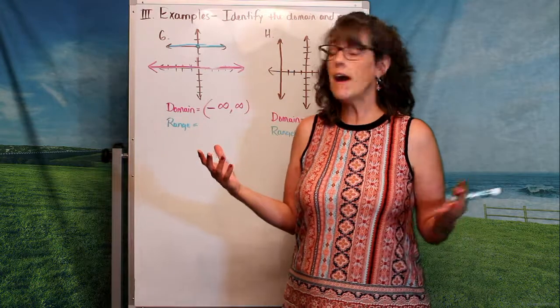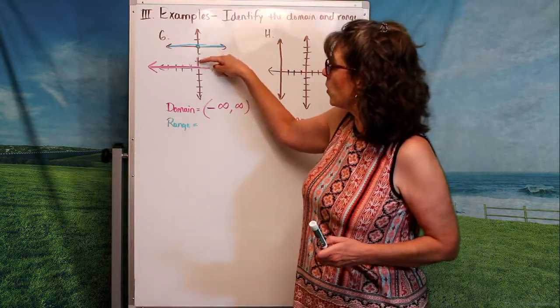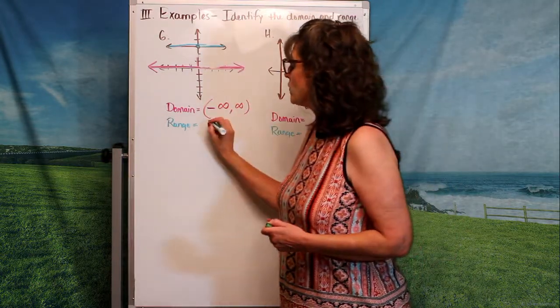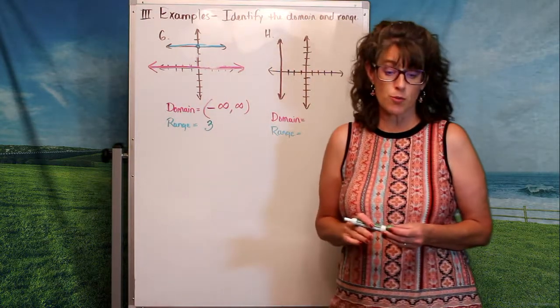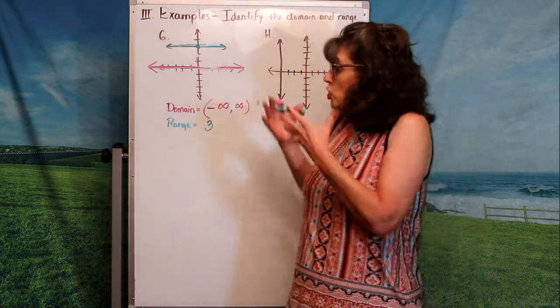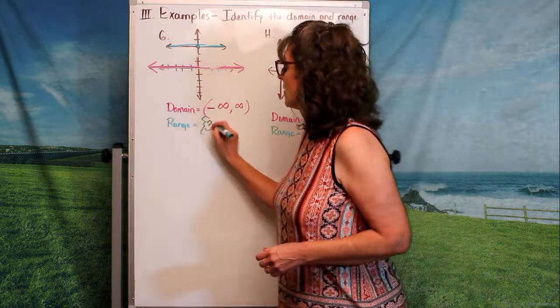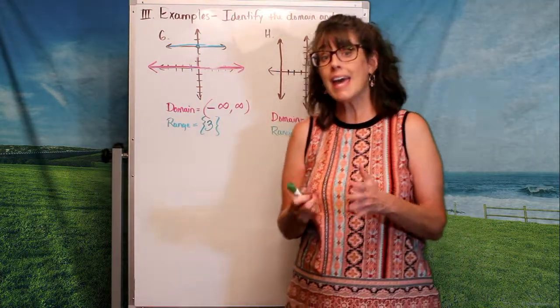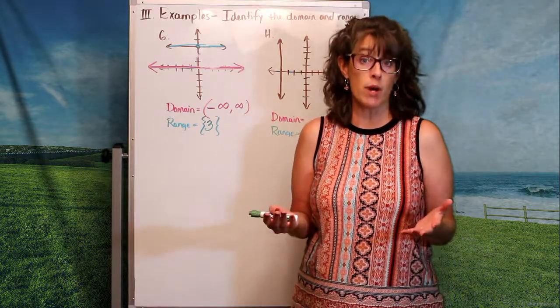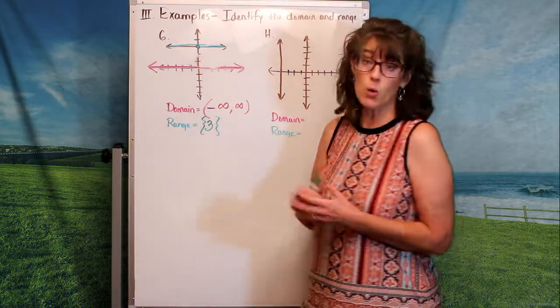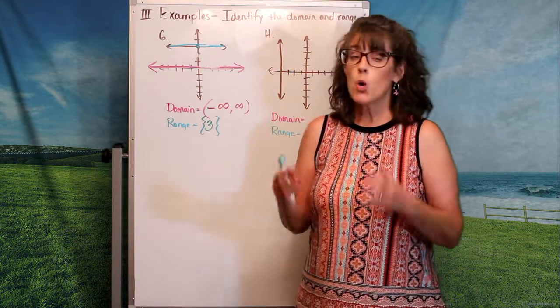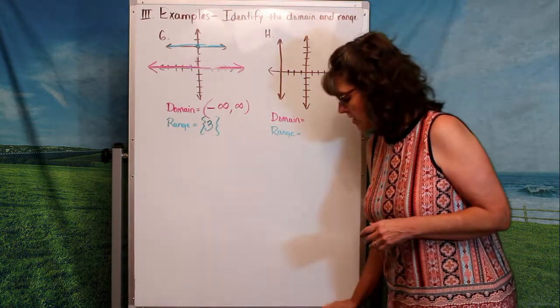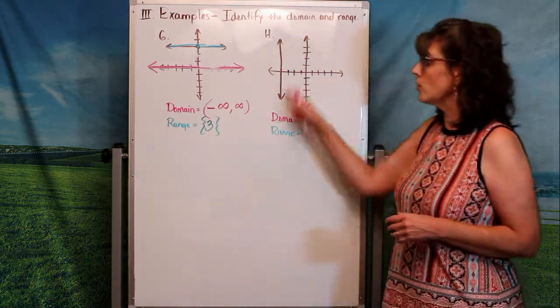There's only one value, that one right here, which is 1, 2, 3. So the range for this one is a positive 3. And it is just a 3, so to indicate that, I'm going to give it braces for a set. It's okay to have a range that is only one value, because this being a horizontal line, that's going to happen. With that in mind, let's take a look at this vertical graph, the vertical line here.